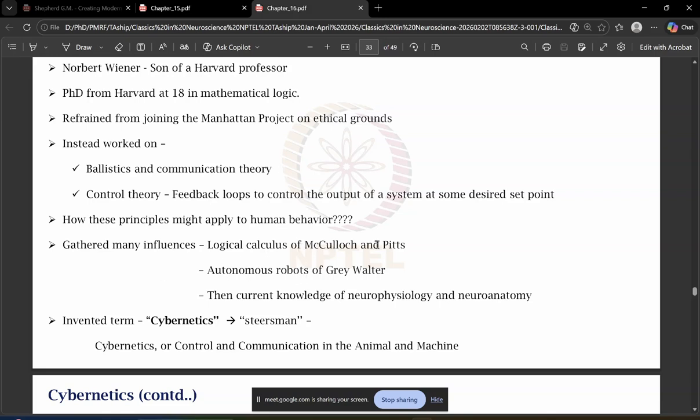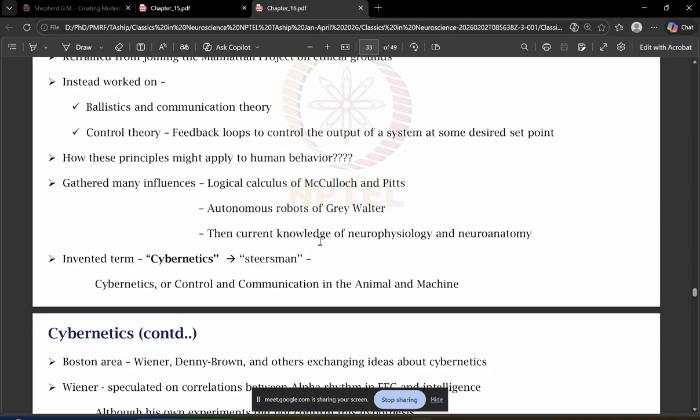He was influenced by the logical calculus that was developed by McCulloch and Walter Pitts. He was influenced by the idea of autonomous robots that Grey Walter had proposed, and also by the then current knowledge of neurophysiology and neuroanatomy.